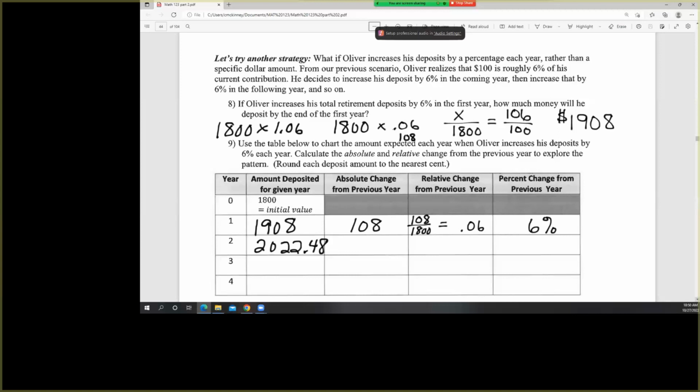So then when you do the difference for year two and get $114.48, that one is going to get divided by 1,908, because that increase was based on 1,908.